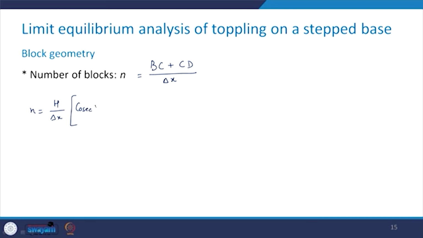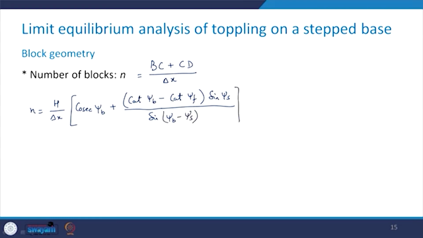So, this will be cosec psi b plus cot psi b minus cot psi f, multiplied by sine of psi s divided by sine of psi b minus psi s, and this is what I will write here as equation number 6.